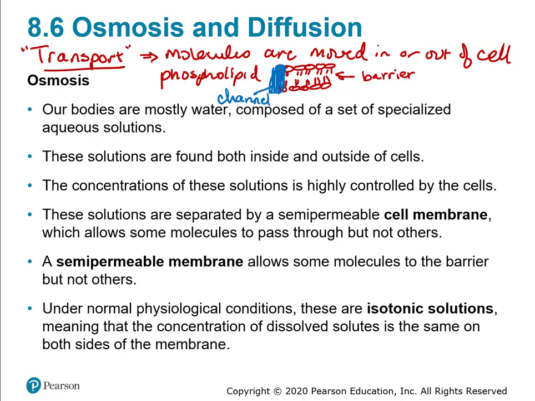In fact, you have channels in the cell membrane that are specific to water because water is polar, right? So water is hydrophilic. Water can't pass that barrier, but water can move in and out of the cell. And the goal is really to try and get the total solute concentrations to be the same.